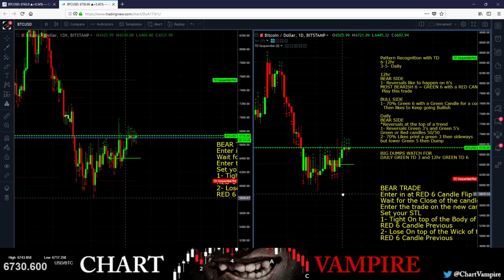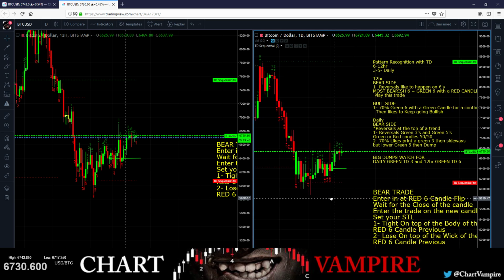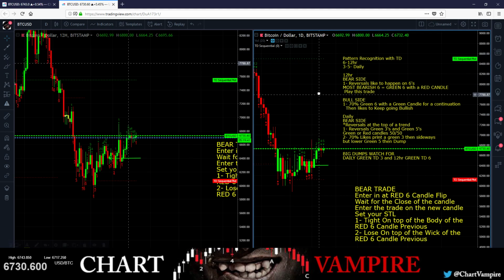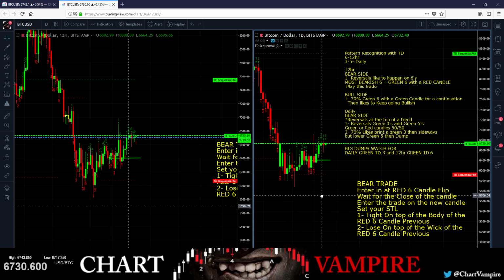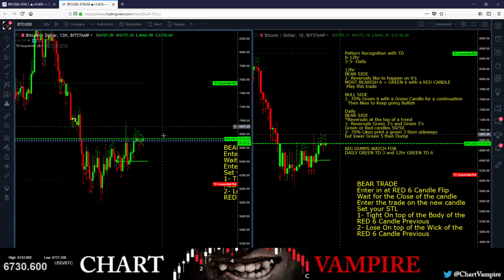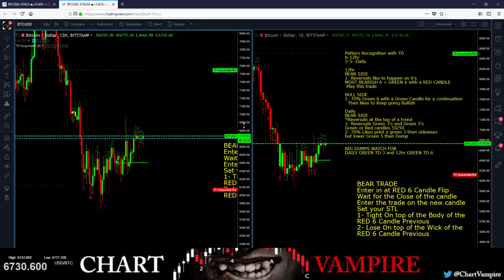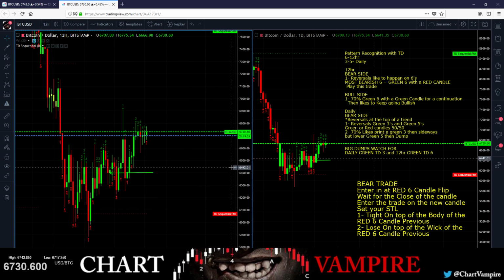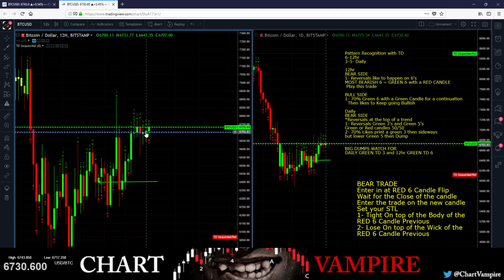So we now have a pretty good recognition pattern of something that we can use to play out using the 635. So using this 635, we can see where this likes to dump out at, right? Now, you could be looking at this green 6 right here, and because it's a doji candle, you could be playing this as a neutral candle, right?